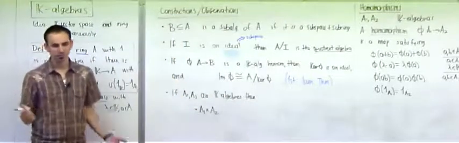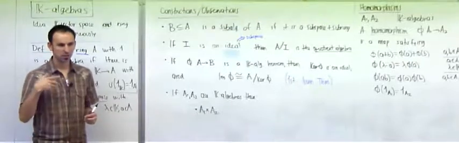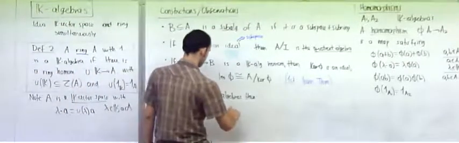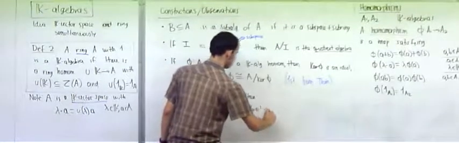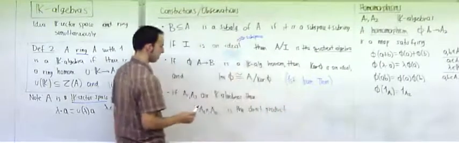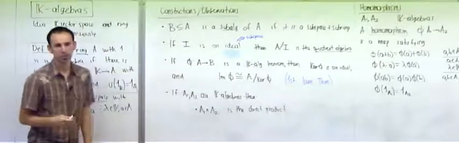And again, the reason is that the direct product inherits the vector space structure and the ring structure.